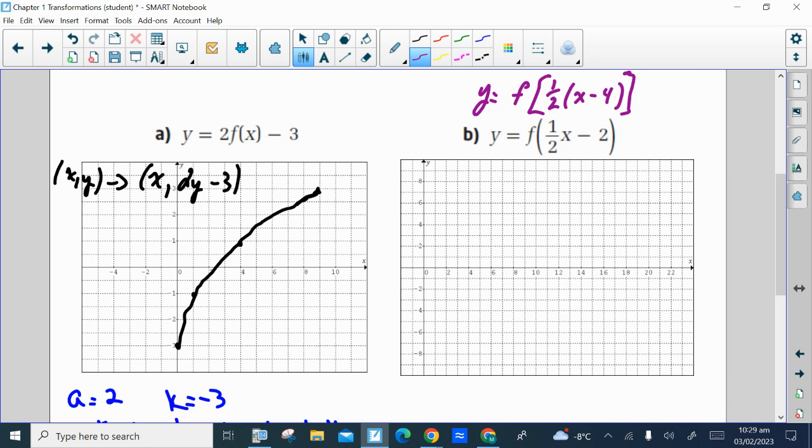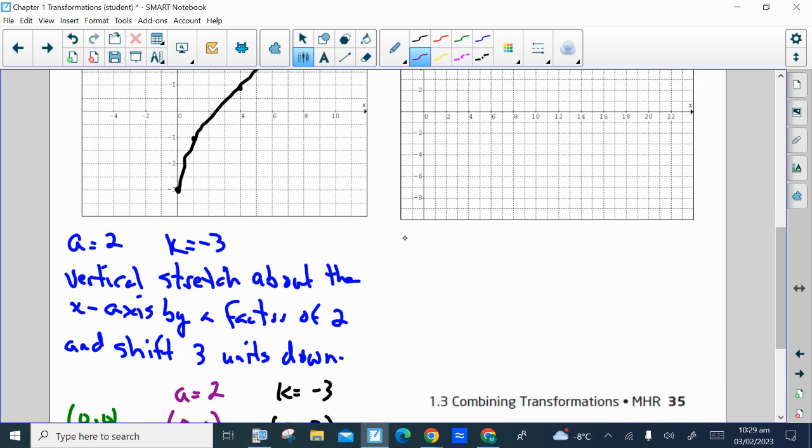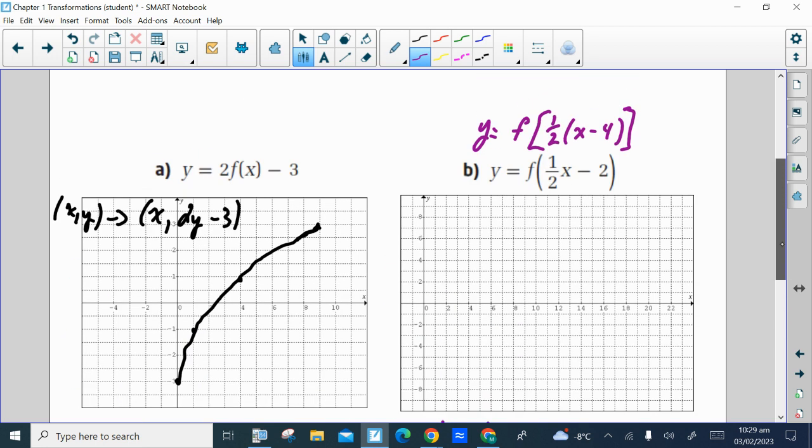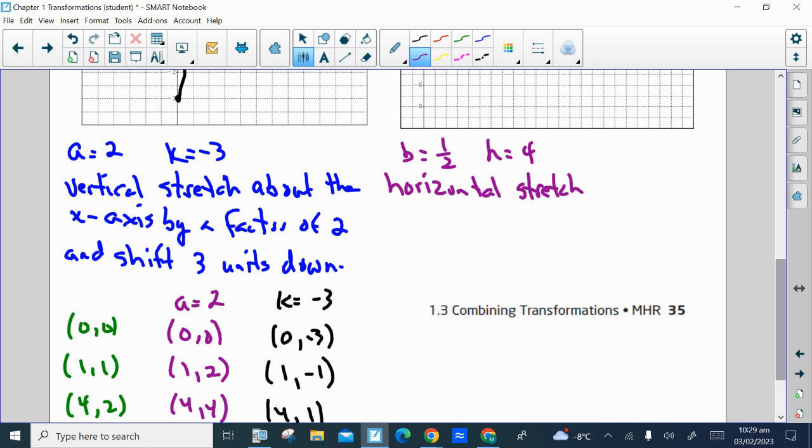And you need to do this step. If the b and the x minus h are not separated by brackets, you need to do that to get the correct h value. So we have a b value of 1/2 and an h value of 4. Remember, the value of h is always the opposite of what it appears to be. And so therefore we're going to have a horizontal stretch, and remember the stretch factor is always the reciprocal of b, but it's horizontally stretched about the y-axis.